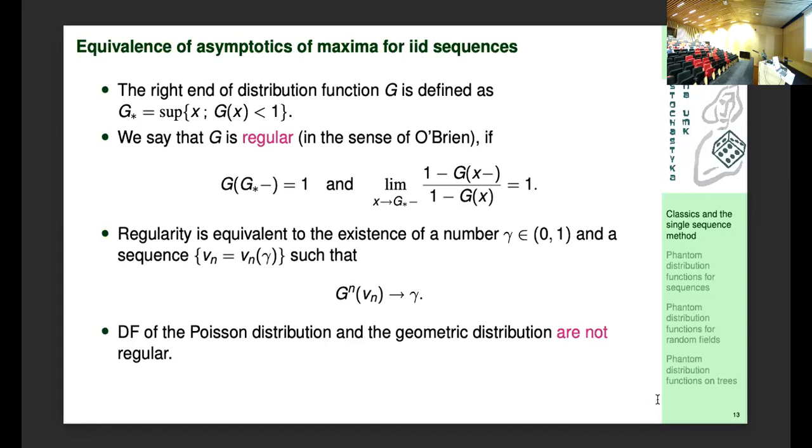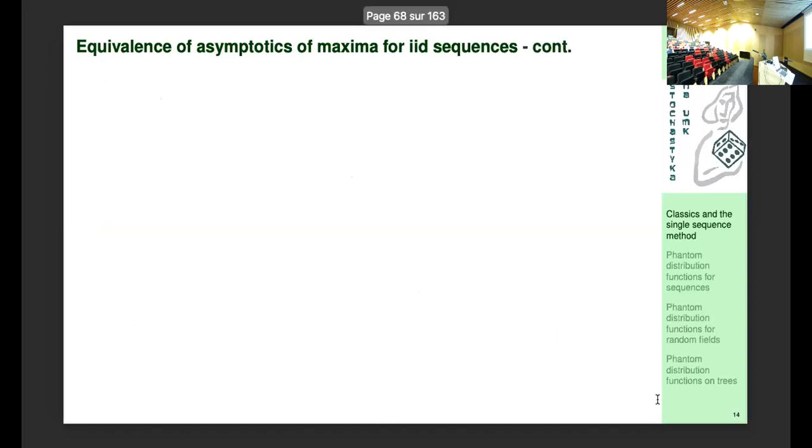Of course, not all distribution functions are regular in this sense. For example, Poisson distribution or geometric distribution do not have distribution functions which are regular in this sense. But every continuous distribution function is regular, because we can easily find such Vn for each gamma.